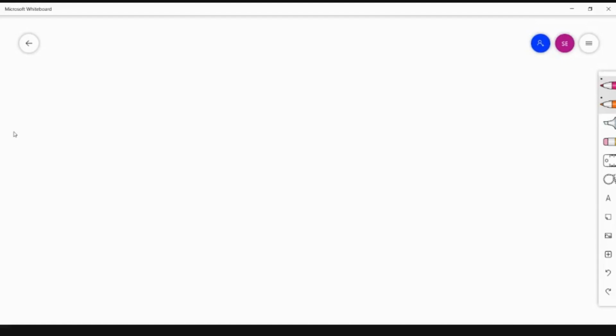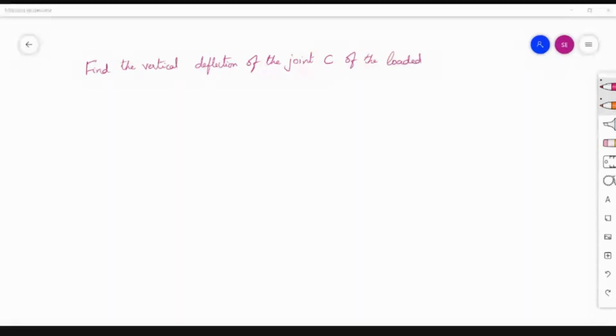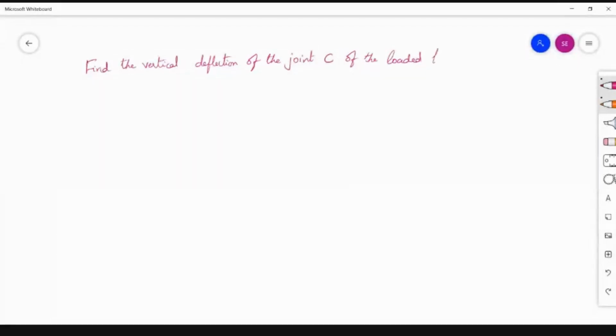Find the vertical deflection of the joint C of the loaded truss shown in the figure.